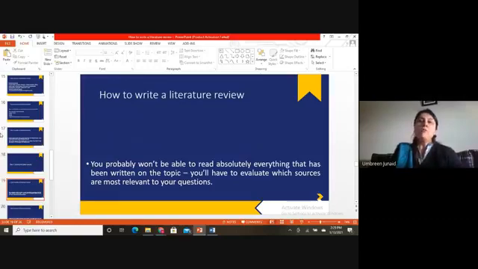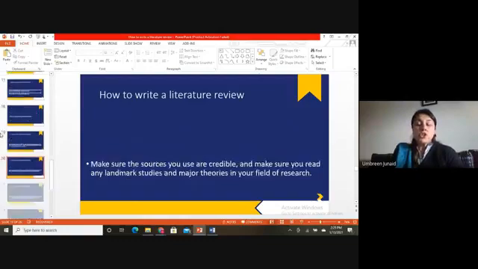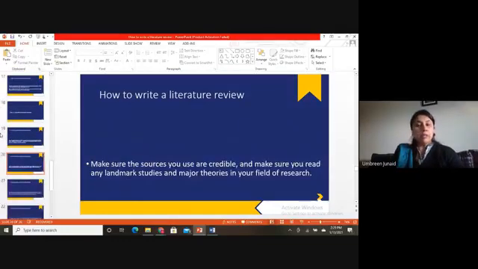Yes, maybe if you have limited your study to just one or two or three, then you obviously have to just look for that. But if you are using the term social media, it means there are a lot of things that can be explored in that specific area. So basically, this is how you take your topic. Make sure the sources you use are credible, and make sure you read any landmark studies and major theories in your field of research.